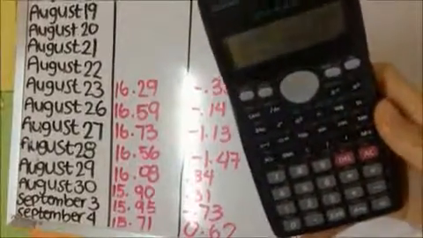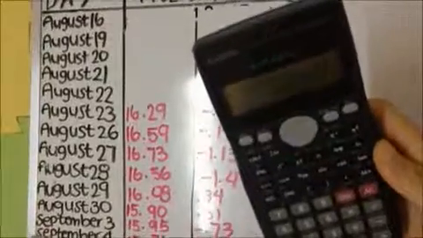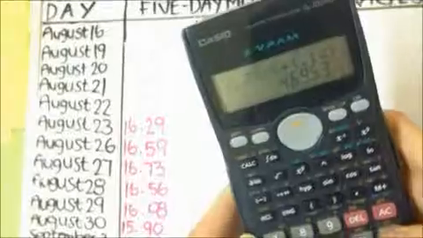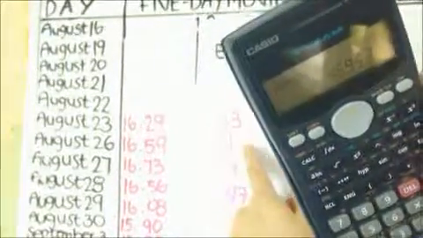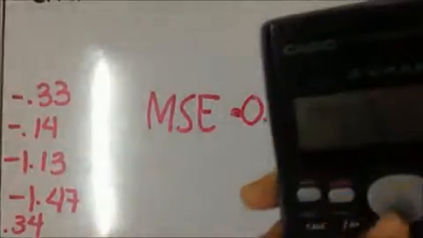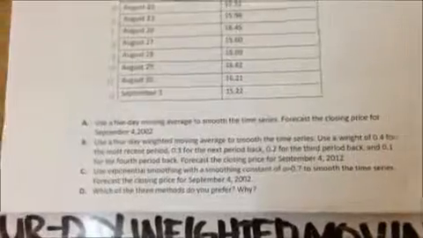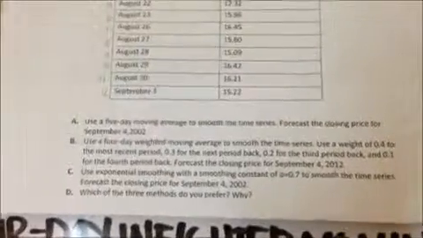And then we got 4.6953. And then we are going to divide it by 8. The MSE is 0.59. So we are going to move to number 2.